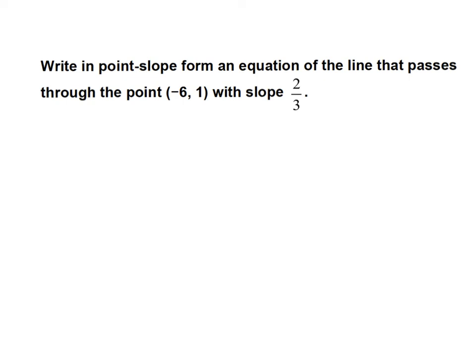Okay, last question before I give you the homework. Write a point-slope form equation that passes through the point negative 6, 1 with a slope of 2/3. So here we go. Y minus y1 equals m times x minus x1. Pause the video, do it on your own, and come back and see if you're right.